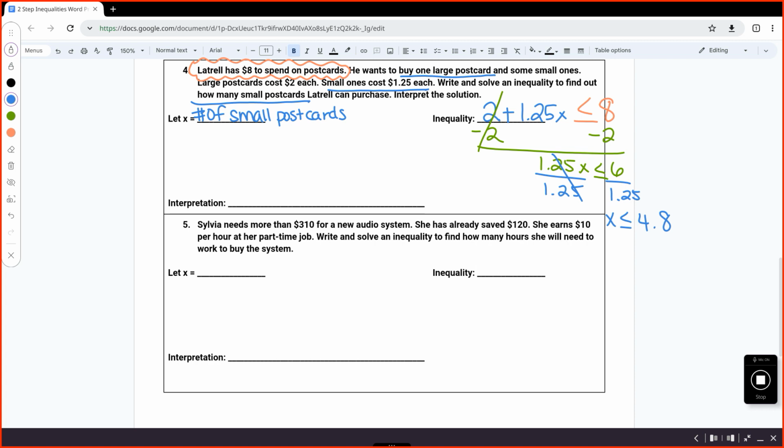Go back and read the question, though. It says, how many small postcards can Latrell purchase? Well, he can't purchase 0.8 of a postcard, right? That doesn't work. He also can't round that up and say, well, I want to purchase 5 postcards, because it has to be less than or equal to 4.8.